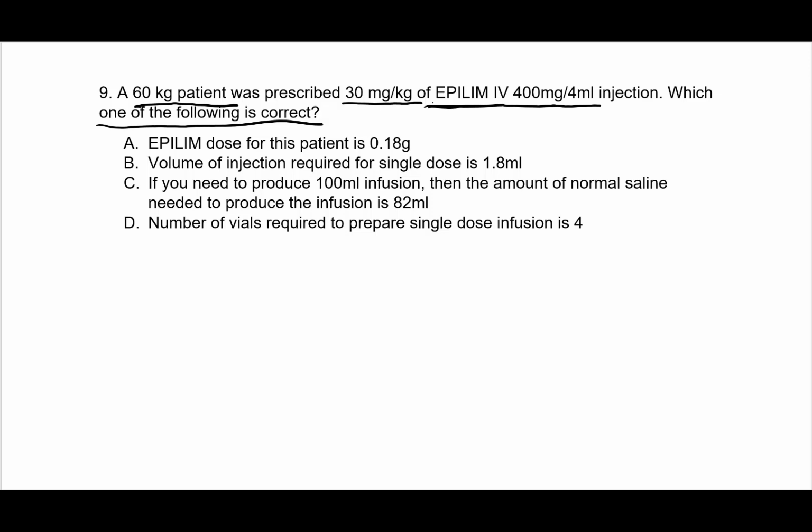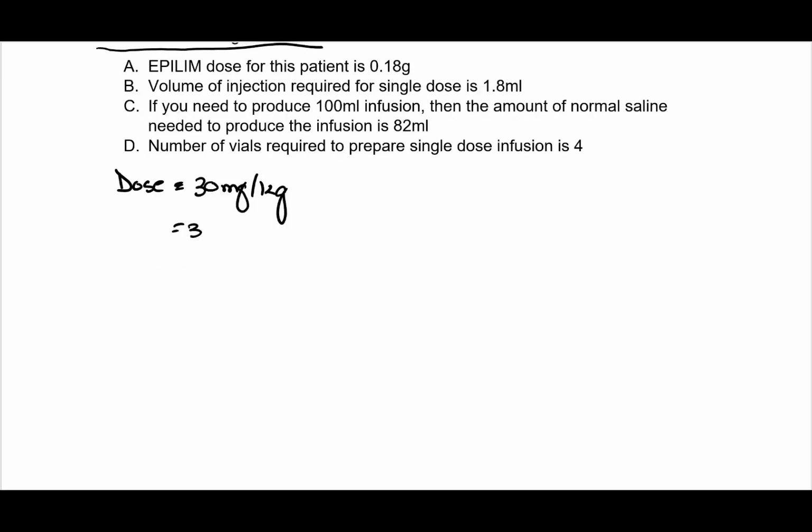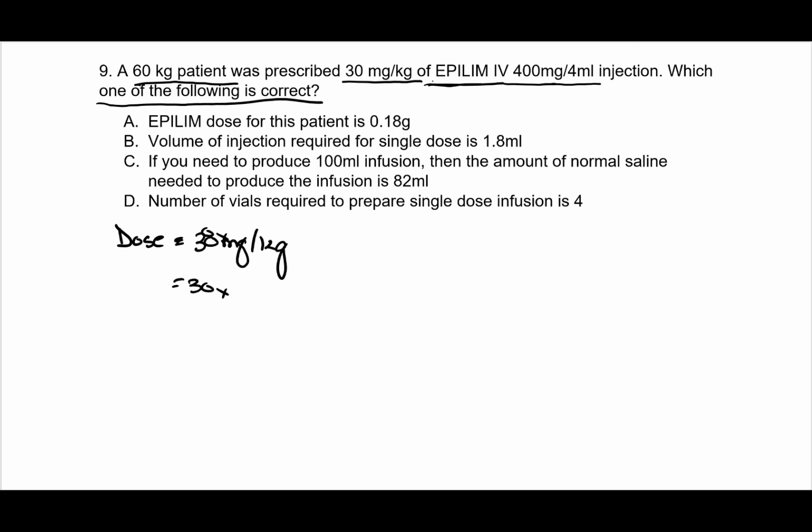So Epilim dose for this patient is 0.18 grams. So let's calculate what's the dose of this patient. Dose is 30 milligrams per kg, and we have been given the weight of the patient. So that's 30 times 60, which is 1800 milligrams.